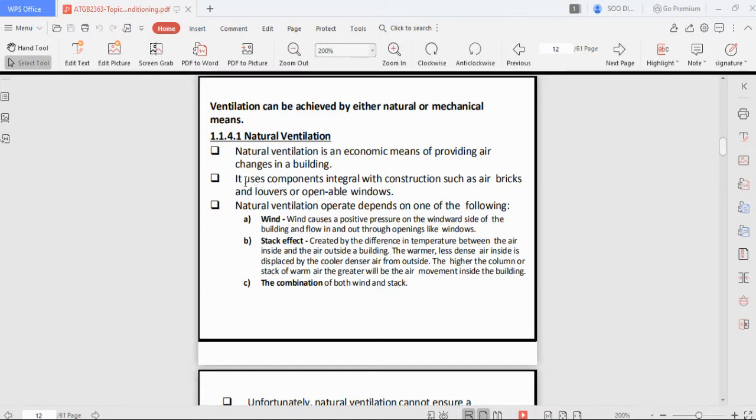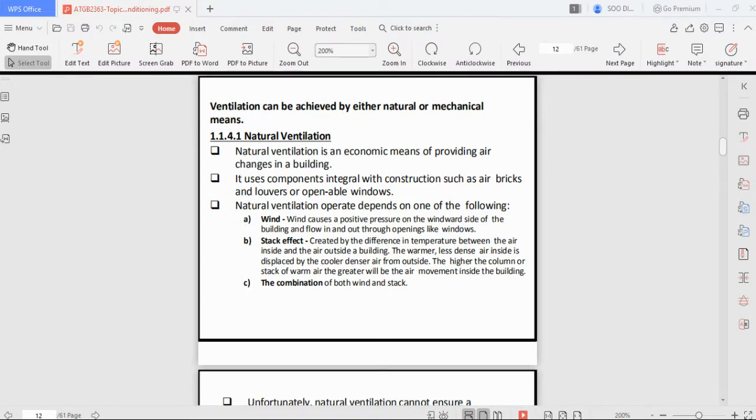The next one is that it uses components integral with construction, such as air bricks and louvers or openable windows. So what is an air brick? An air brick is a brick but with a hollow in its body instead of a full volume brick. So let me open it quickly to show it to you.